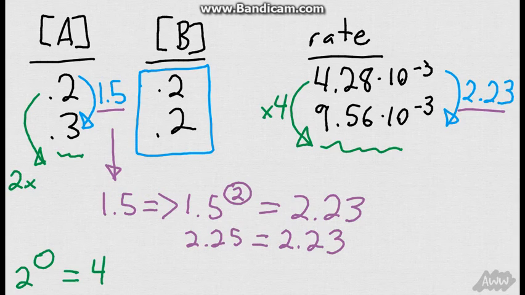That will tell us our power exponent of A. Since it has to be equal to 4, the only way to do that is to put a 2 in there. So 2 to the second power is 4, and 1.5 to the second power is 2.25. So A is going to be second order. So rate is equal to K A to the second power times B. I just wanted to clarify that. Alright, on to Lab 9.